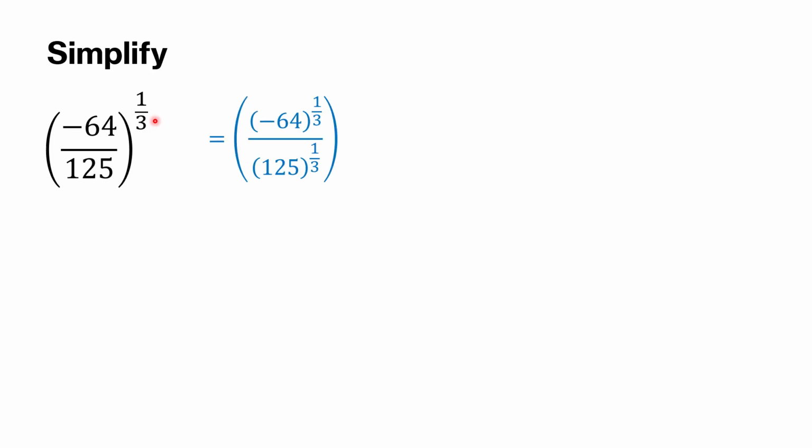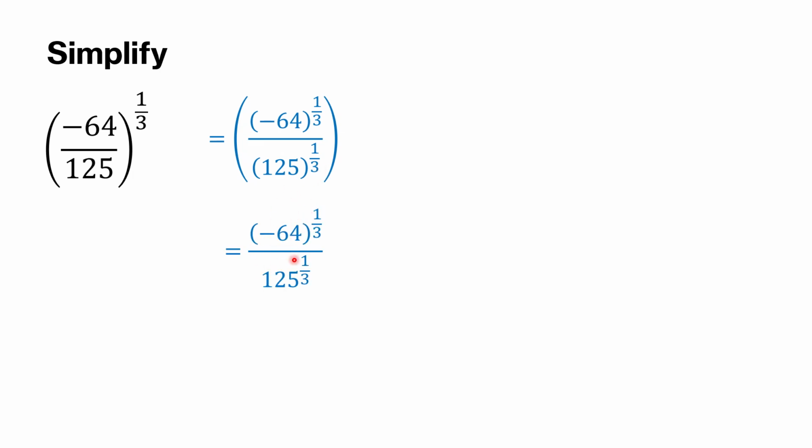Let's have this example. We have negative 64 over 125 raised to 1 third. In this manner, we'll apply the rational exponent to each part of the fraction. Distributing that, it will be negative 64 raised to 1 third over 125 raised to 1 third. Now, looking at negative 64, that is a perfect cube number.